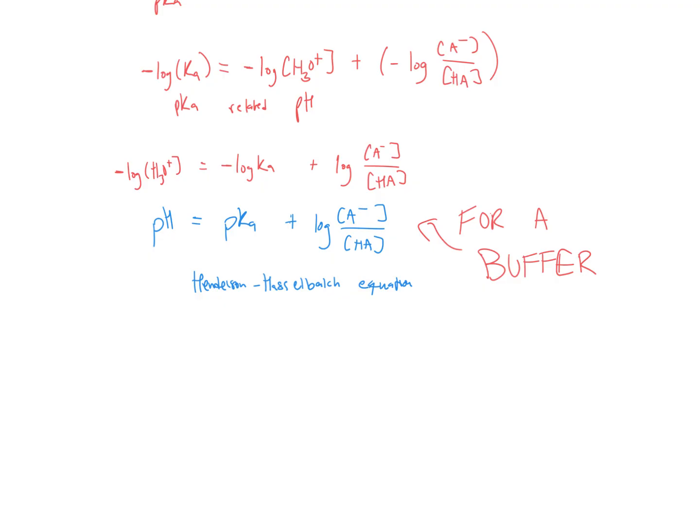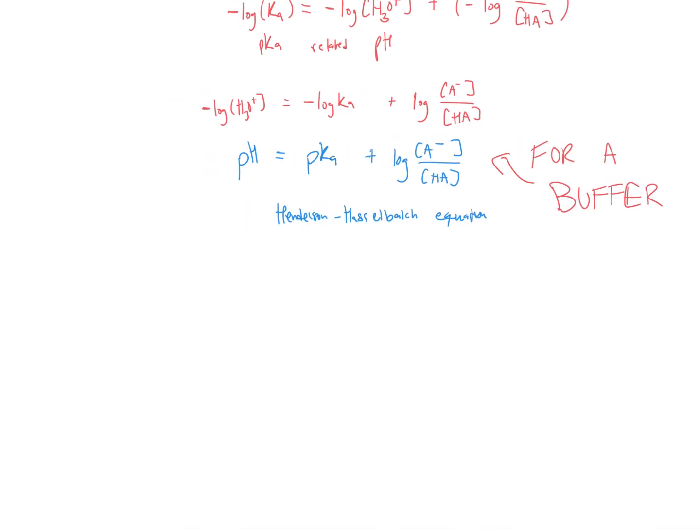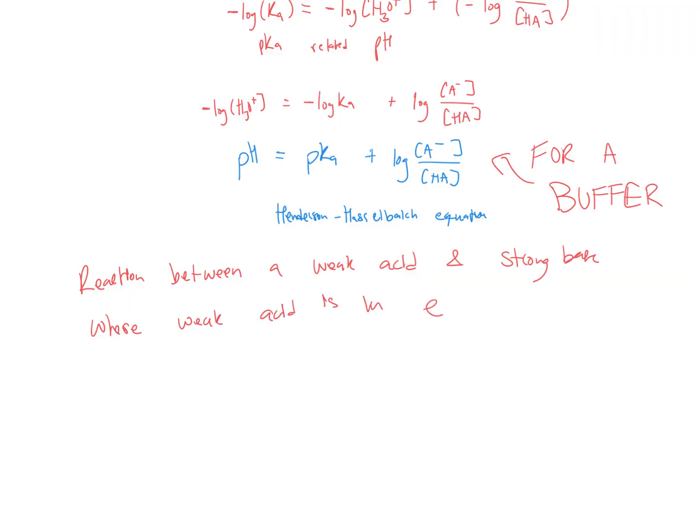Another situation where you can use this, and we discussed this in 8.4, but I didn't go into it too much, is a reaction between a weak acid and a strong base, where the weak acid is in excess.